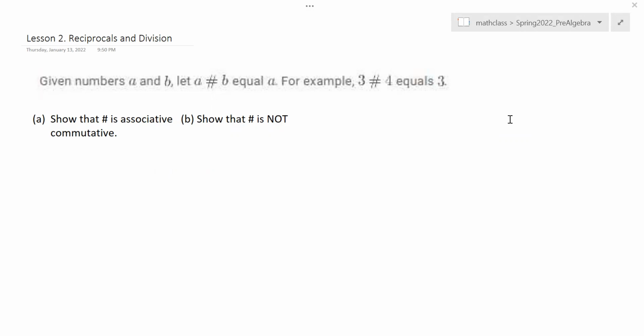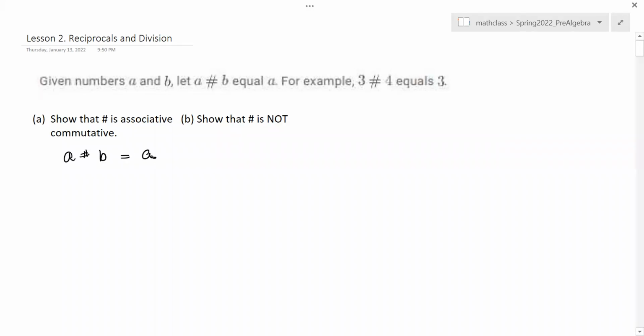The first problem I want to discuss is this one from the book in the challenging problems. You define a plus b in some sense, and it equals a. That's a definition, right? This is a notation. It's equal to a.